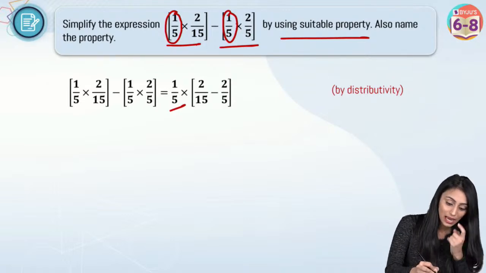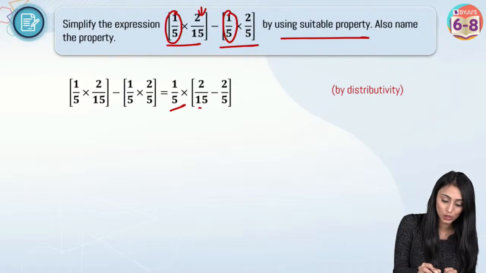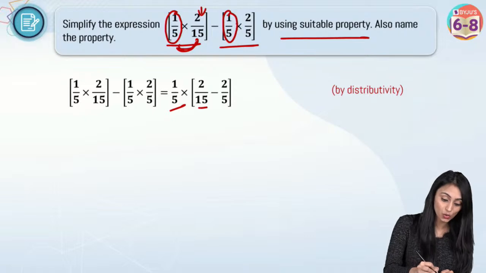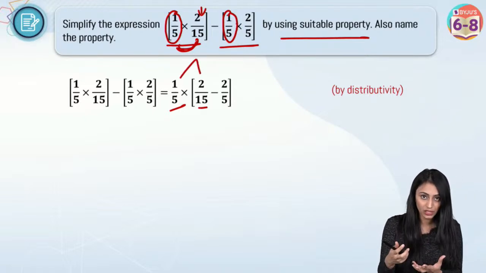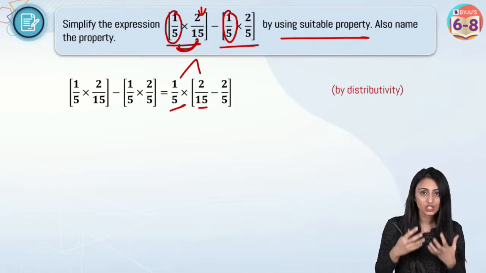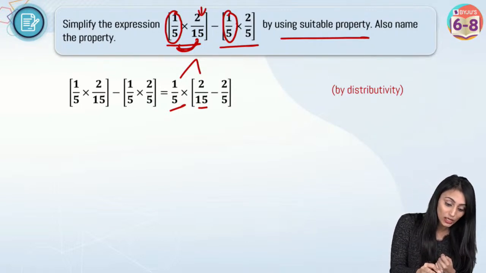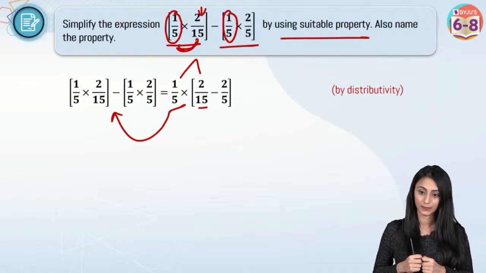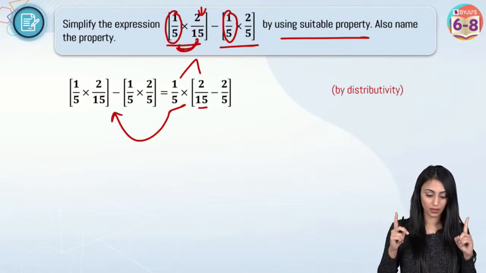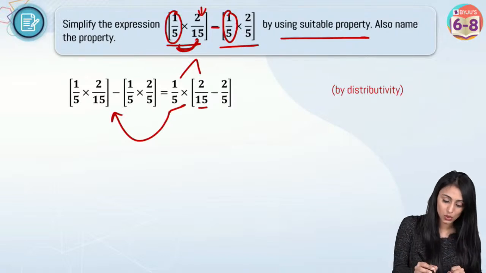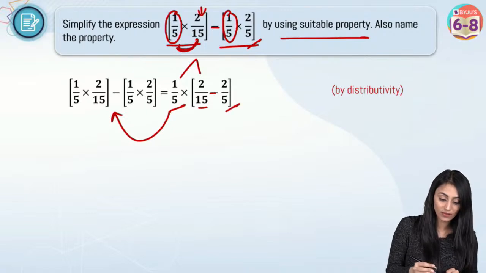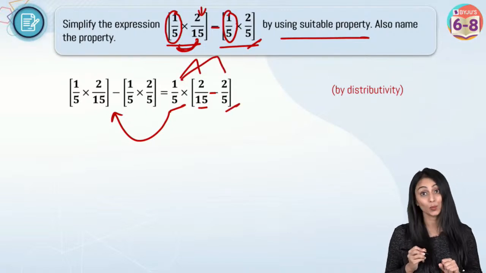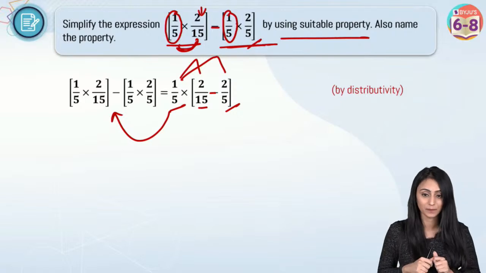In this bracket I have 2 by 15, and I'll write 2 by 15 as it is, because 1 by 5 is multiplied with 2 by 15. In maths, whenever you modify the steps, you write it in such a way that when you solve it again, you can go back to the previous step. Then the negative sign stays as it is. Then I can see 2 by 5, and 1 by 5 is multiplied with 2 by 5 as well, like it was done here.